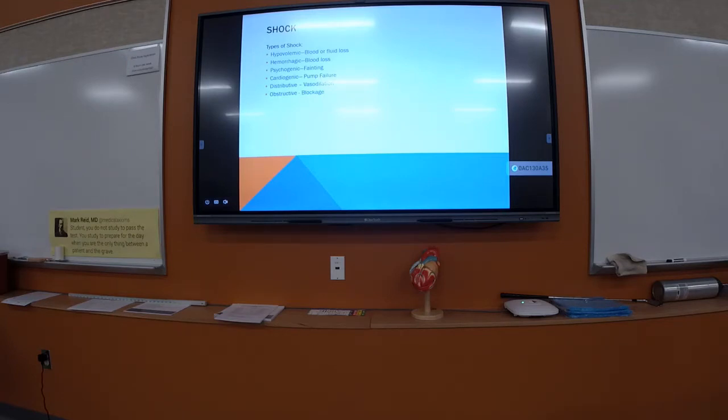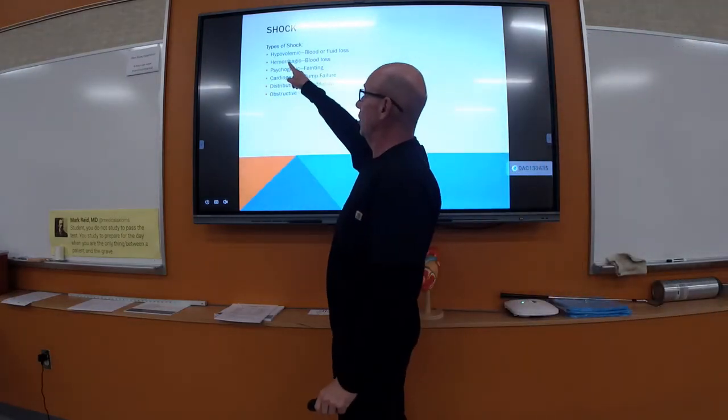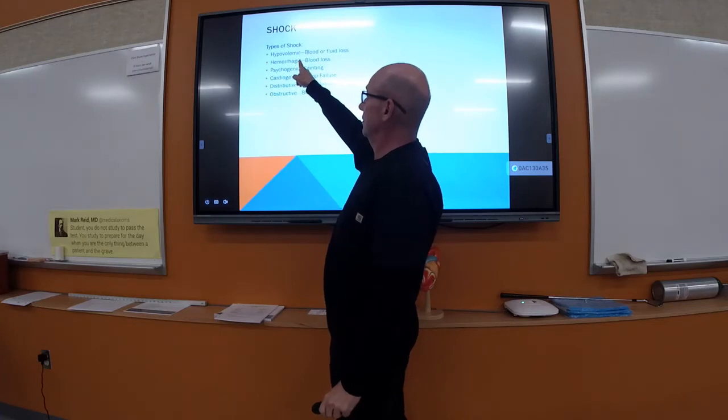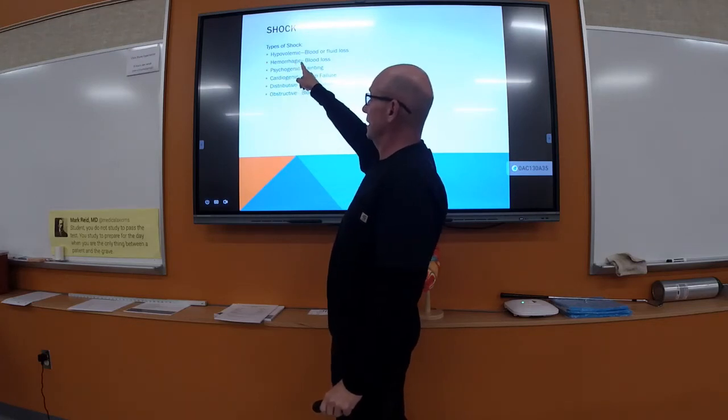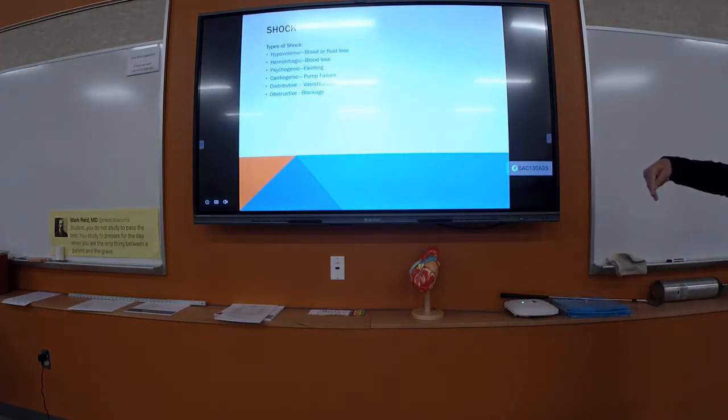Hypovolemic: hypo meaning low, then volemic, volume. So hypovolemic, low volume, can be either blood or fluid loss. Keep in mind, pediatrics can go into hypovolemic shock through vomiting and diarrhea. So can adults.